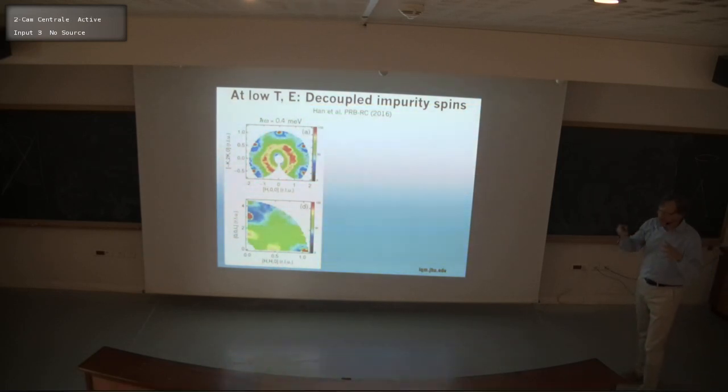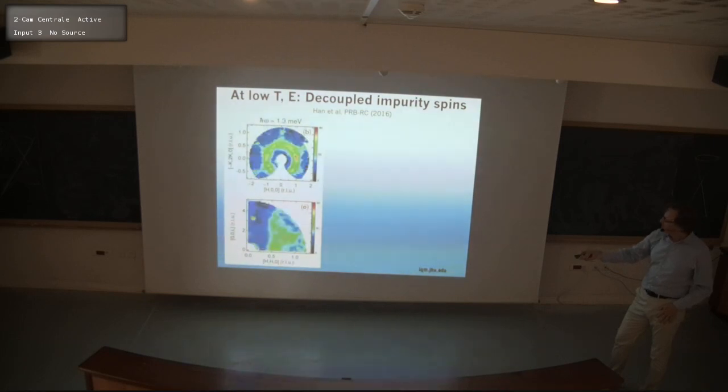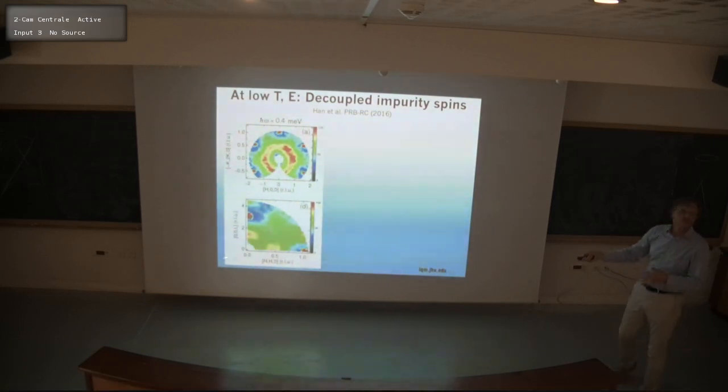Even more strikingly, now there's very strong momentum dependence of the scattering along the L direction. It was just a straight line, and then once you go low in energy, it becomes strongly modulated along the L direction. So our interpretation is that this is a threshold energy below which the scattering now involves these interlayer sites.